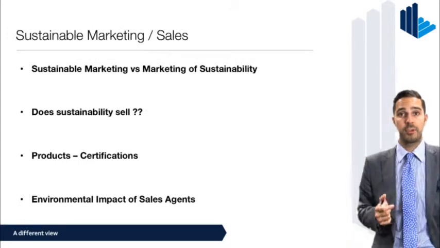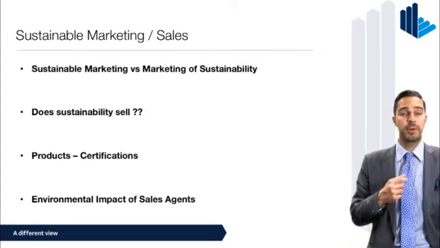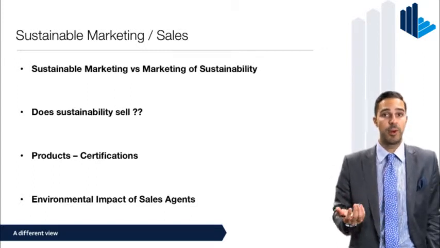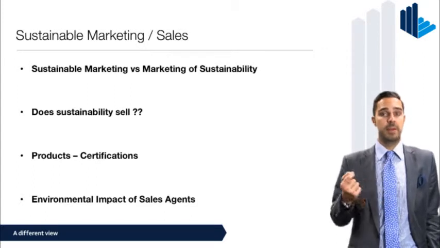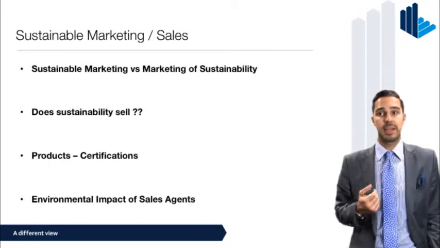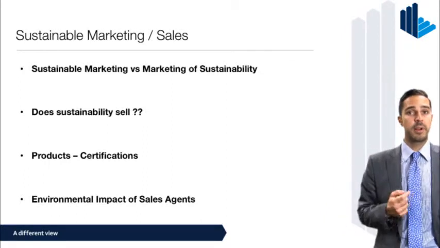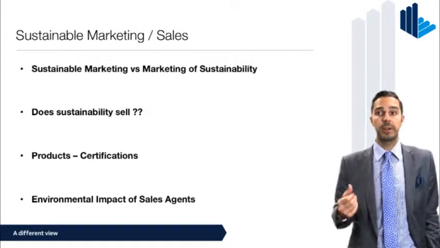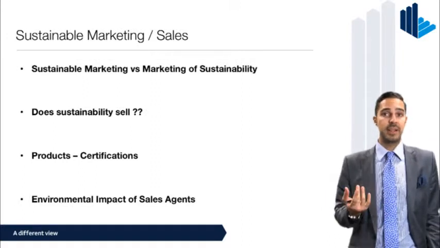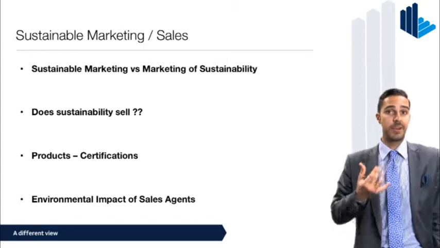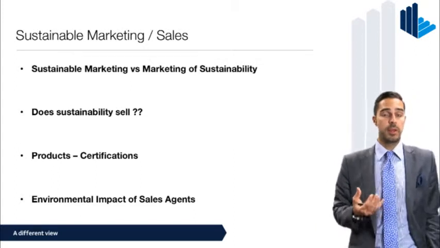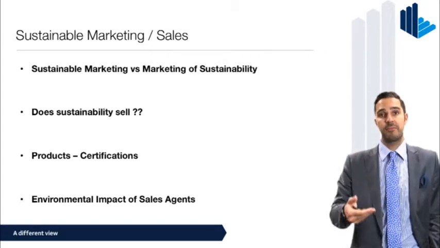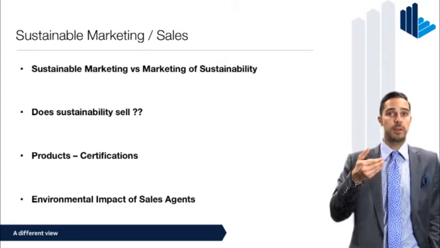So, for example, you have specific labels in Europe and in the US for certifying organic products. You have labels like the Energy Star for certifying the energy performance of products, and so on. So these labels are playing and will play in the future an important role to disclose sustainability information of products.